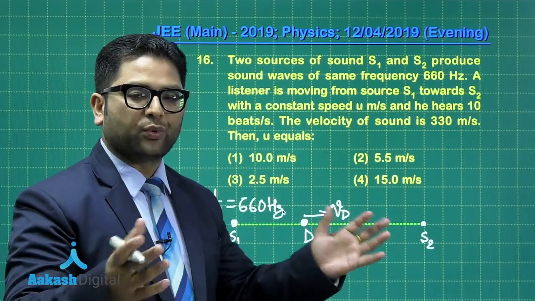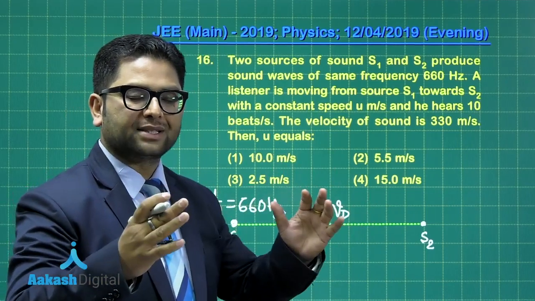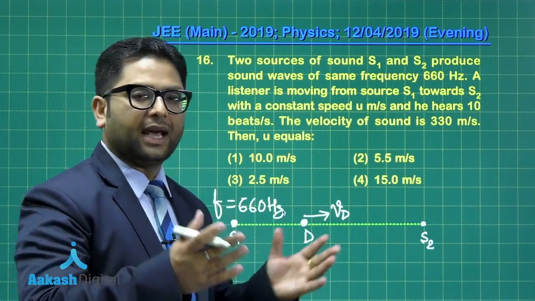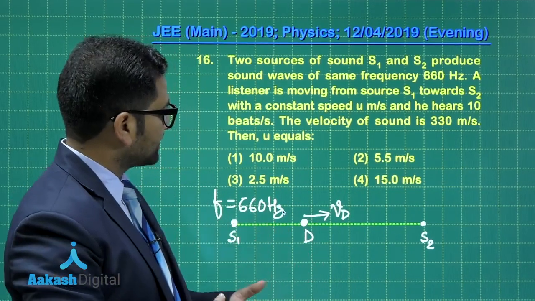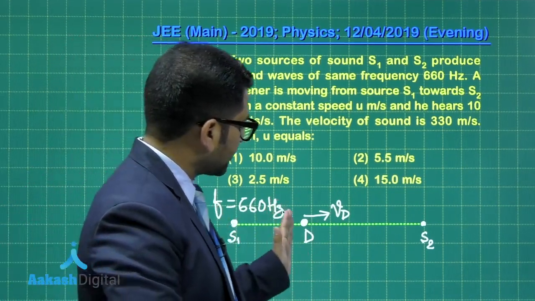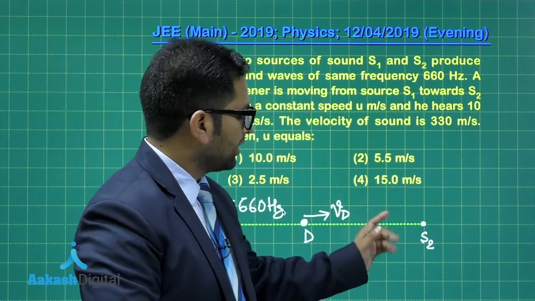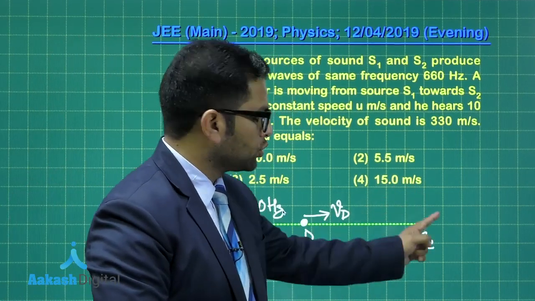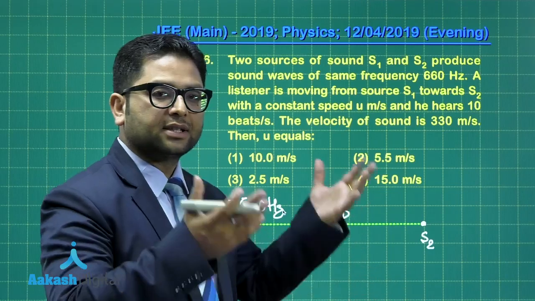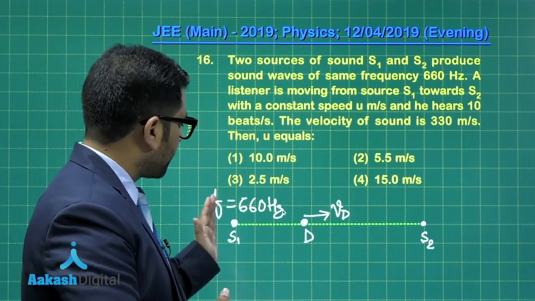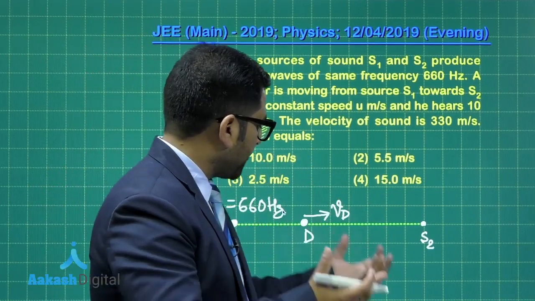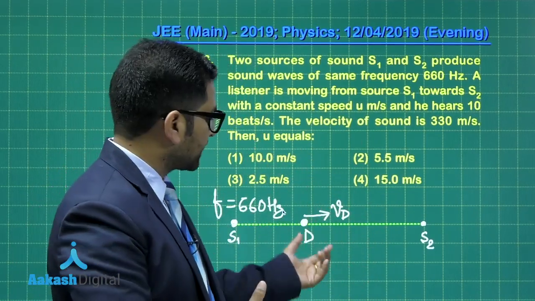And beat happens whenever there are two frequencies simultaneously being played, with slightly different frequency. So it all occurs because, you see, when the detector goes in this direction, for the sound produced by S2 the apparent frequency heard would be higher, and for the frequency produced by S1, the apparent frequency registered by the detector would be lesser.